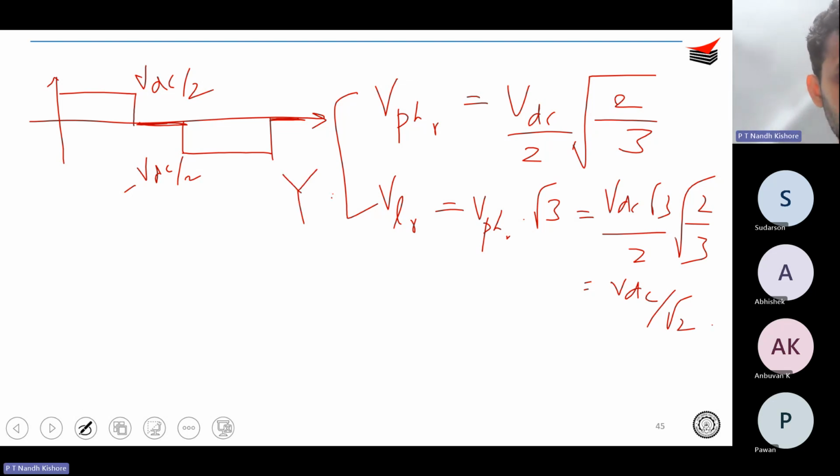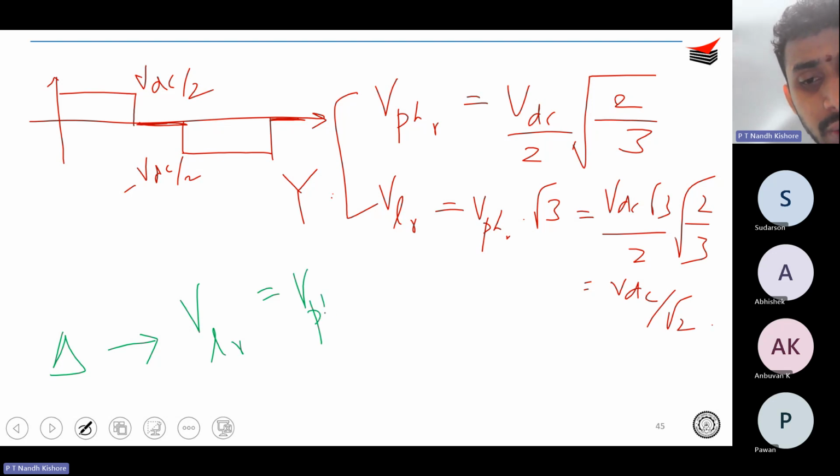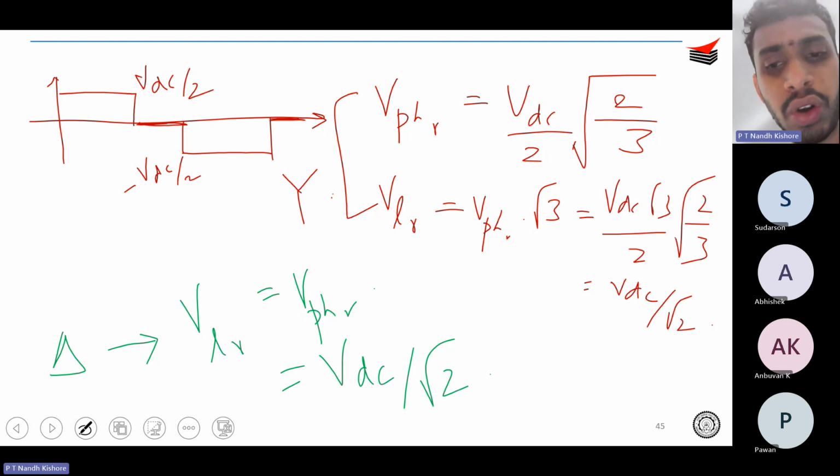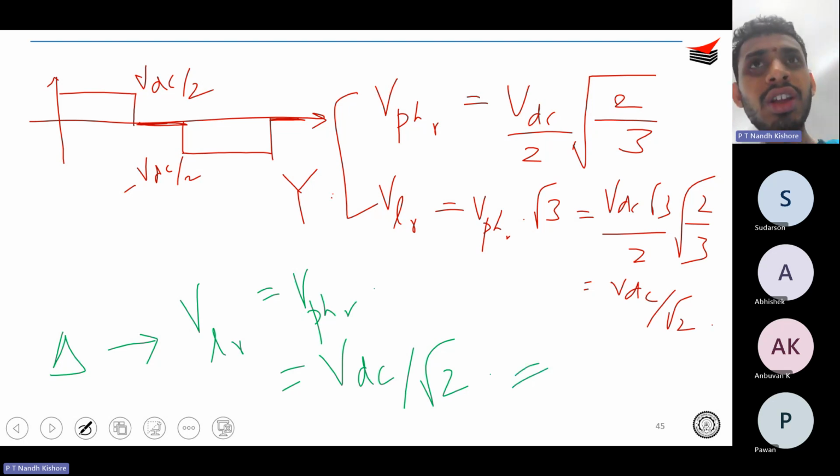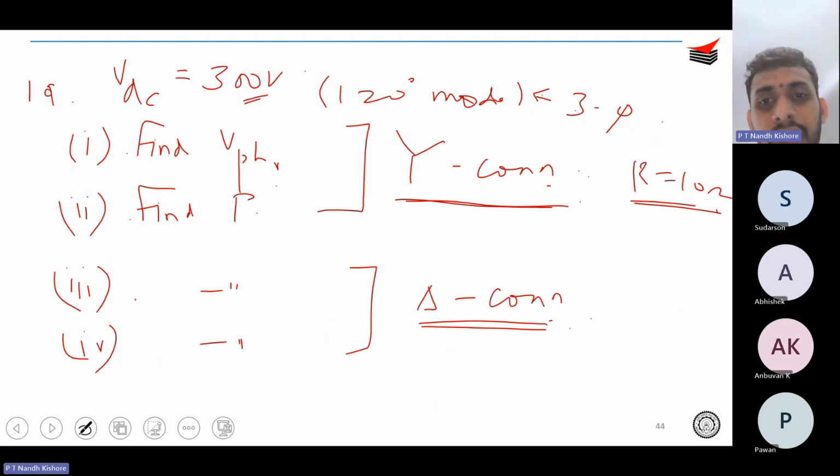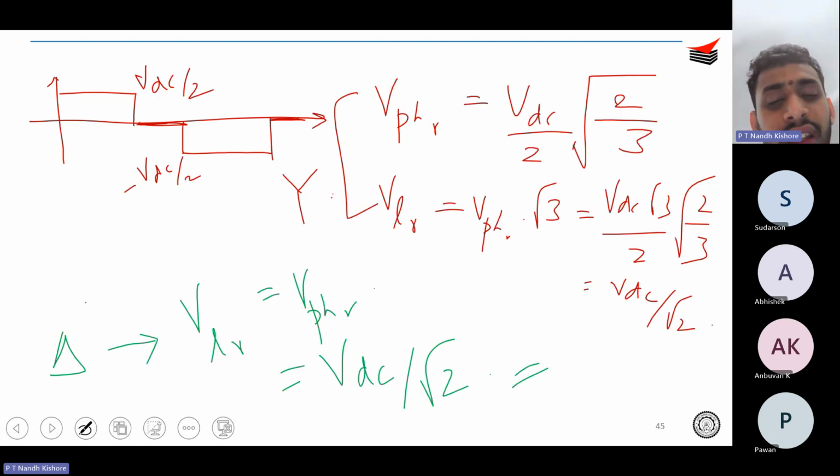So what happens in case of delta connection? In case of delta connection, your V line RMS is equal to V phase RMS, which means your V phase RMS is also going to be VDC over root 2. Question was for Y connection and delta connection. For delta connection, line and phase both are same.